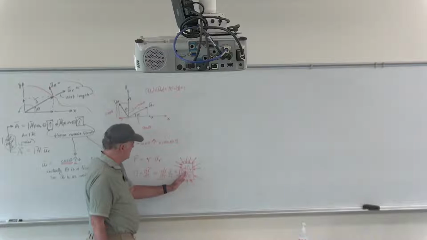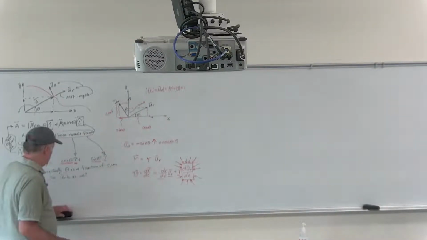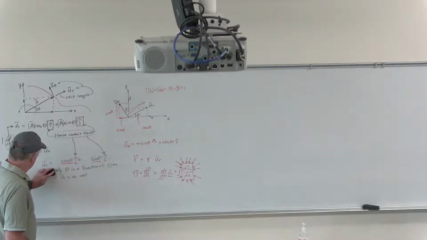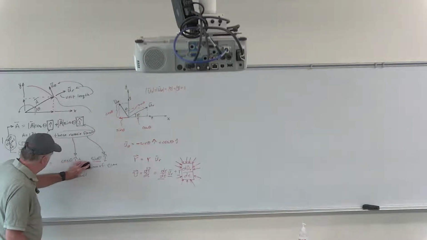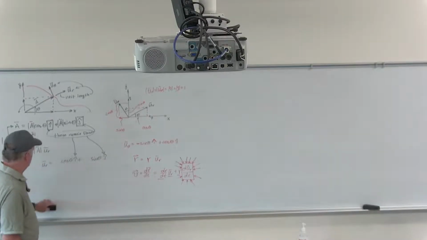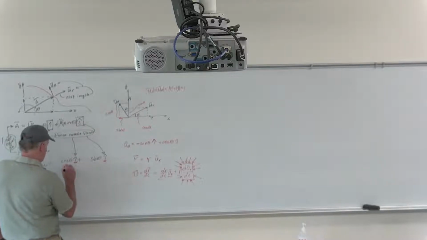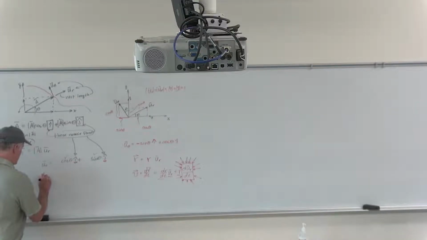So let's just focus all of our attention here. And when we finish focusing our attention, we'll leave, and we'll come back to this. So we know this thing is a function of time. And we know this is not a function of time, but this is. And so if I just want to come in here and say this, then I'm just taking a derivative.